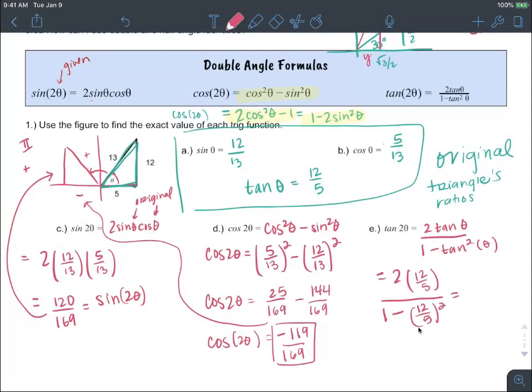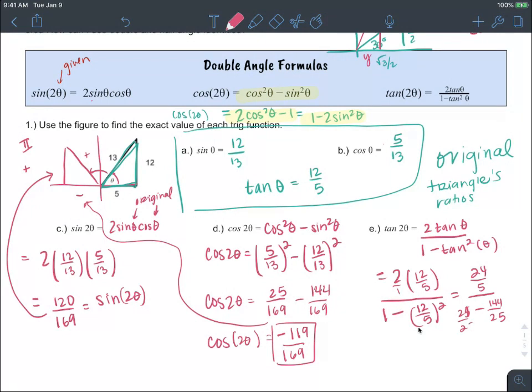So let's simplify. 24 over 5, let's put that over 1, all over 1 minus 144 over 25. Let's get a common denominator.